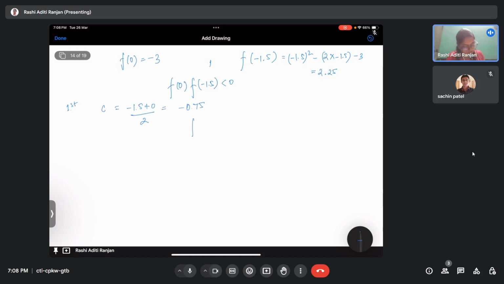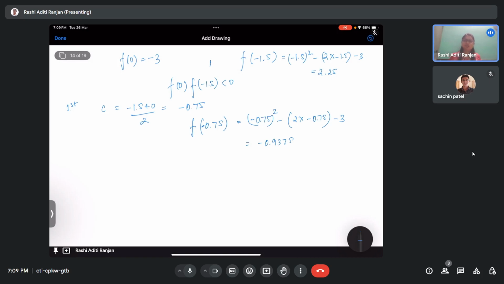Now, if I compute the value of f at minus 0.75, it would come out to be positive, positive, and minus something. It would come out to be this. Now, if you see, my f at minus 0.75 is negative.